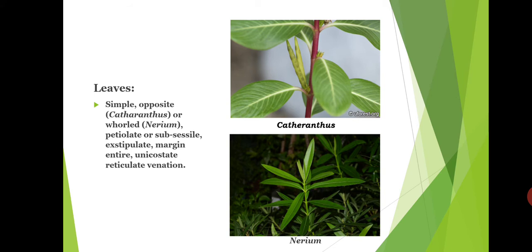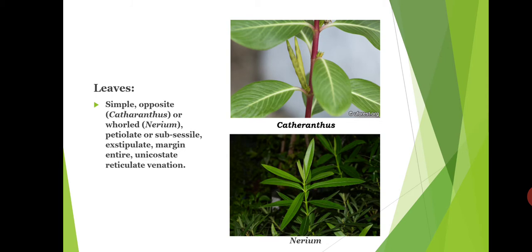For leaves, first we will discuss venation. It is a dicot, so of course it is reticulate venation, and for phyllotaxy, most of the species are opposite decussate.